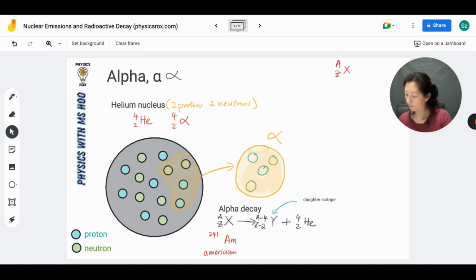It has 95 protons. Now, americium is an alpha source, and it is used in things like smoke detectors to detect smoke. And yes, some smoke detectors are radioactive. So americium-241 will throw out an alpha particle to become a new element known as neptunium.